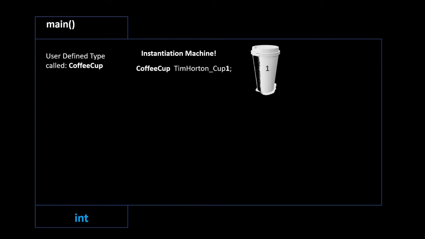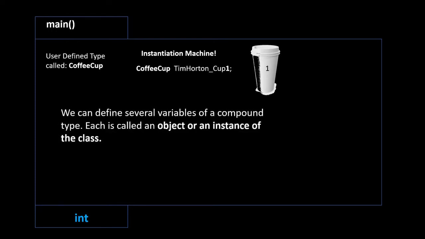Let's look at another example one more time. If I take my class, coffee cup, and I instantiate Tim Horton Cup 1, this is what I produce. We can define several variables of a compound type. Each is called an object or an instance of the class.